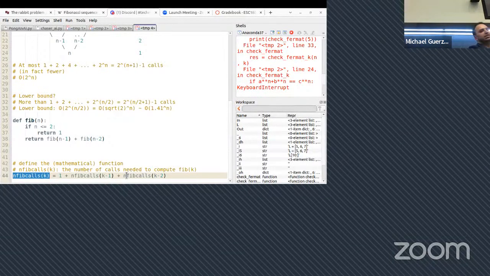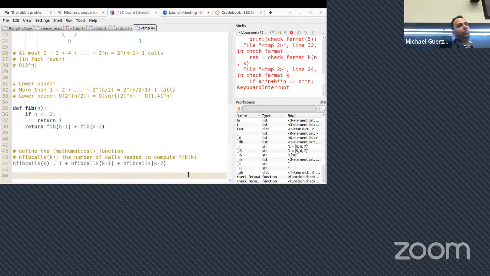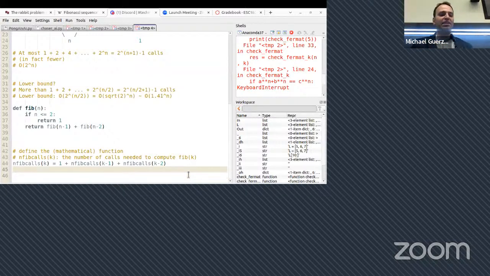Why? Because the call itself, plus whatever number of calls needed for this, plus whatever number of calls needed for this. Make sense? Now if you look at this function, it looks like fib of k, except for the plus 1. So you need to prove it rigorously, but it's basically equal to fib of k.